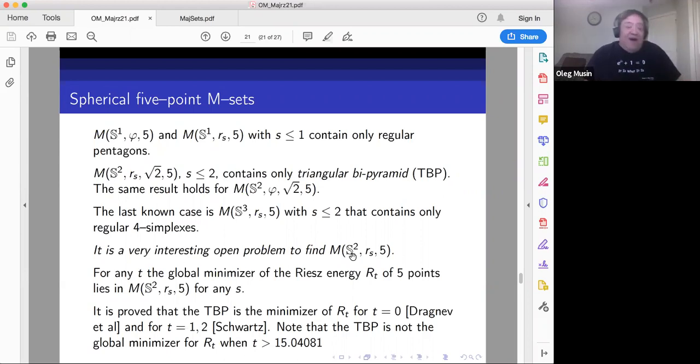My guess was that maybe it is complicated for the Riesz potential, but when we consider M sets, it is 100% geometry, nothing more, more or less elementary geometry, understandable for high school students. Maybe in this case I could have some proof, but since it was a wrong conjecture, I couldn't prove it.